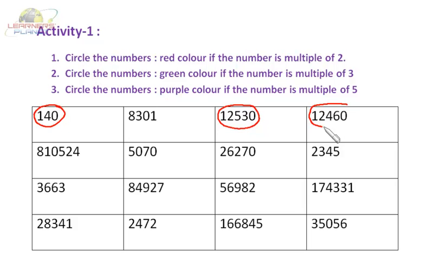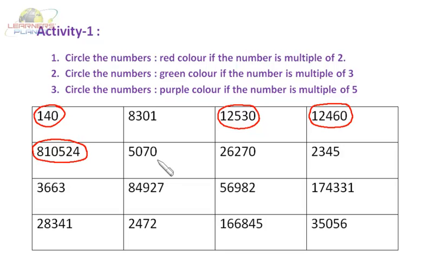Okay. So I just circle it in red color. This number 810524, the unit digit is 4. That means it's an even number. That means it will be a multiple of 2. Okay, so I circle it in red color.